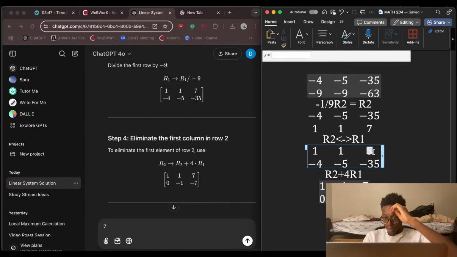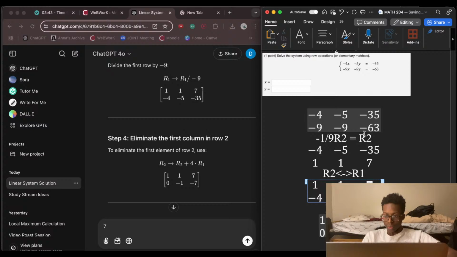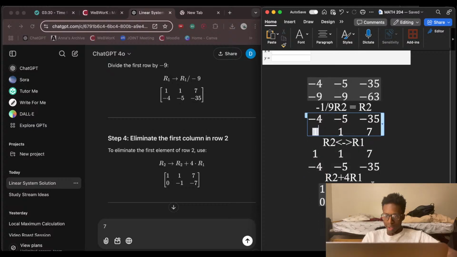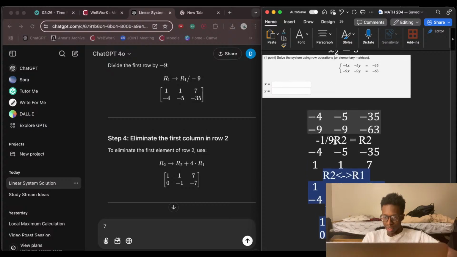So this is 7. So then it would be 117. Okay, so then this would be that. So what we have to fix is this entire thing. So swapped it, then you multiply.